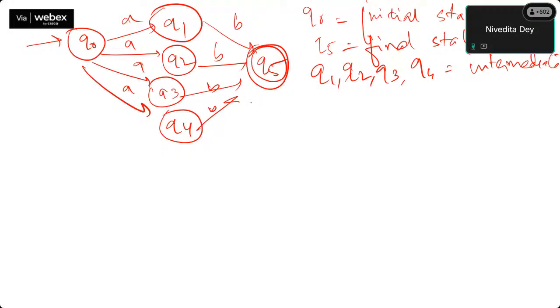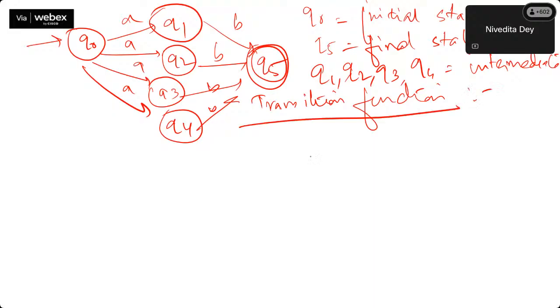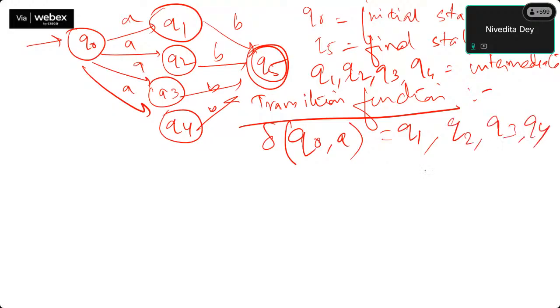And the transition function delta of Q0 on A will reach Q1, Q2, Q3, Q4. So it has four possible options.